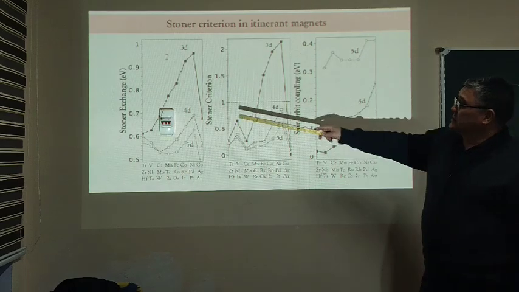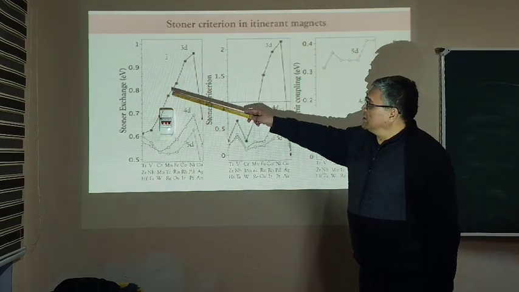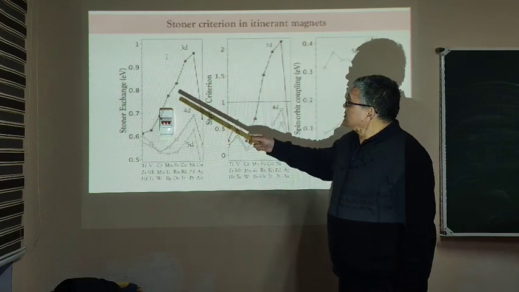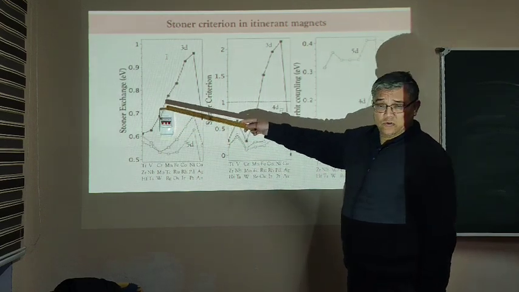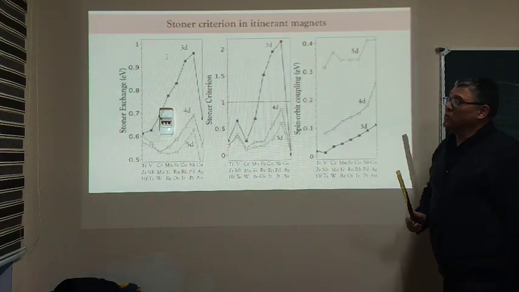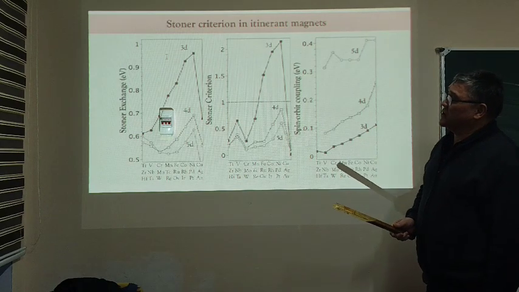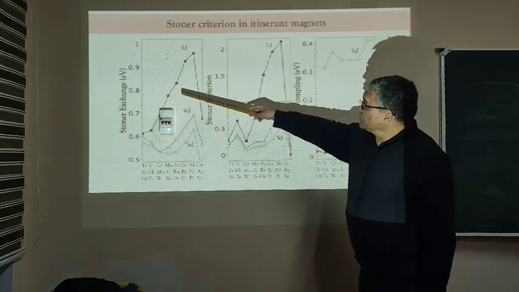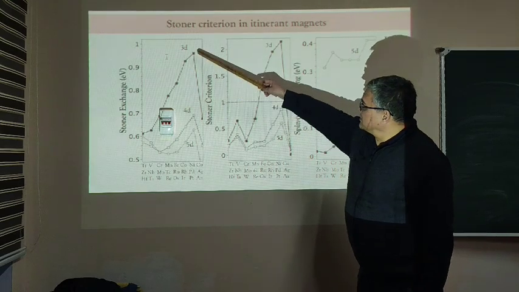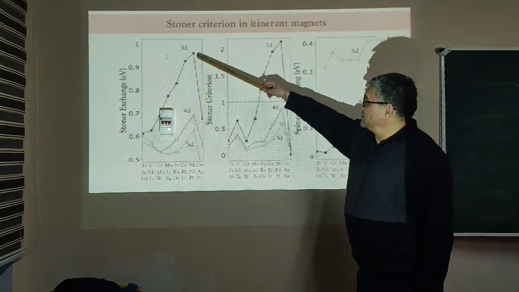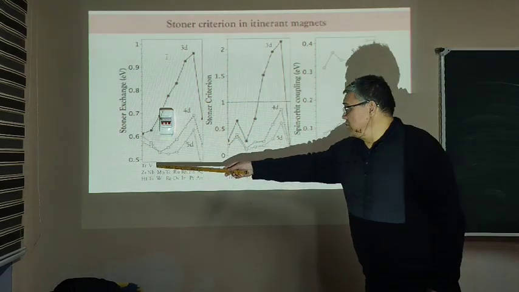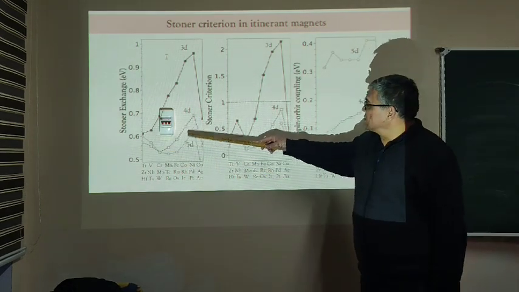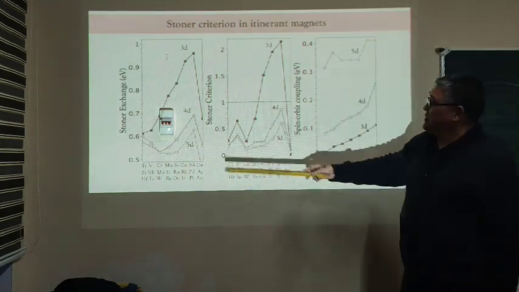Now, in 3D elements we have the Stoner exchange. The Stoner exchange corresponds to this U value in the previous slide, and this shows the 3D elements' dependence on the number of d electrons. For 4D elements, it looks like this, and 5D is here.